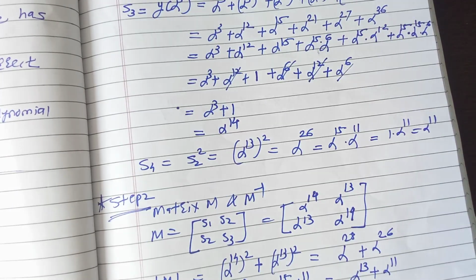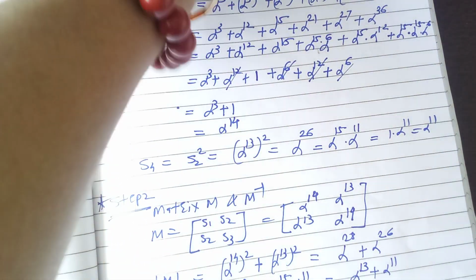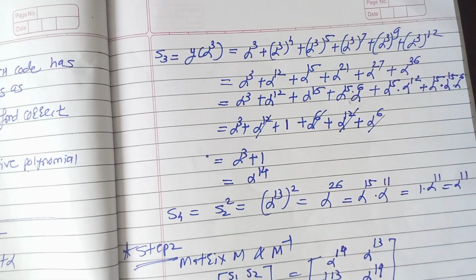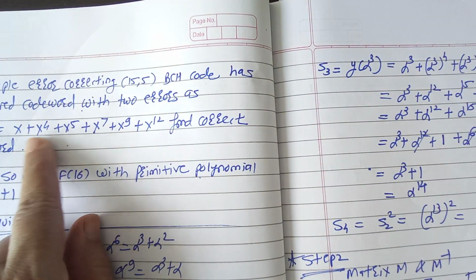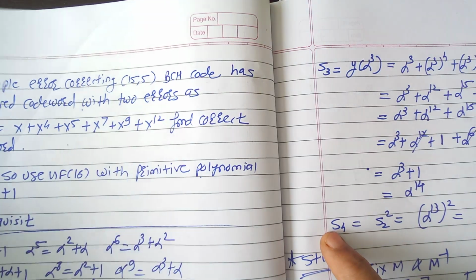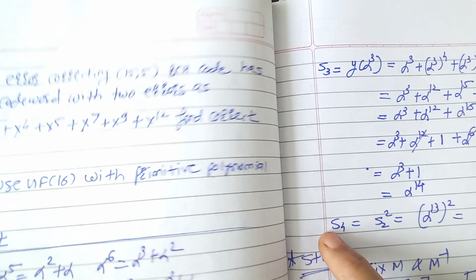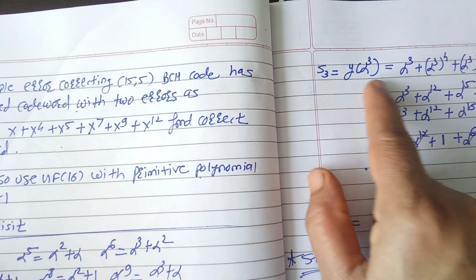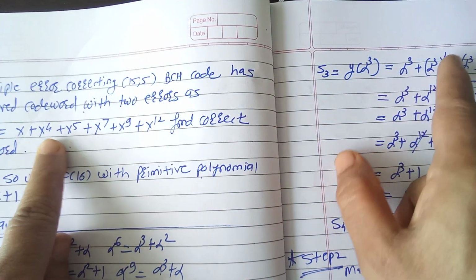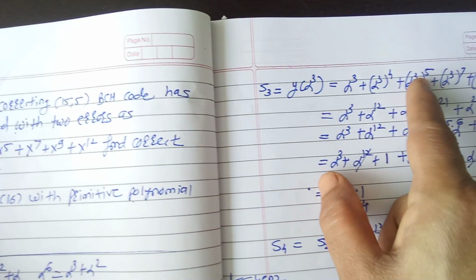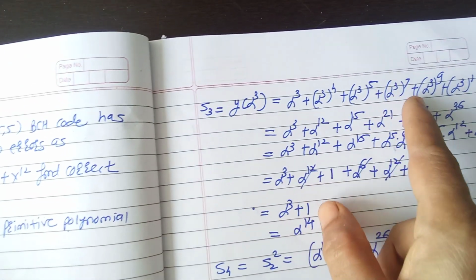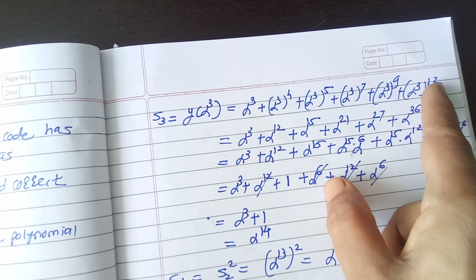After that, S3. S3 is y of alpha cube. In the equation of y of x, you have to put alpha cube instead of x. So alpha cube raised to 4, then alpha cube raised to 5, likewise alpha cube raised to 7, alpha cube raised to 9, and alpha cube raised to 12.